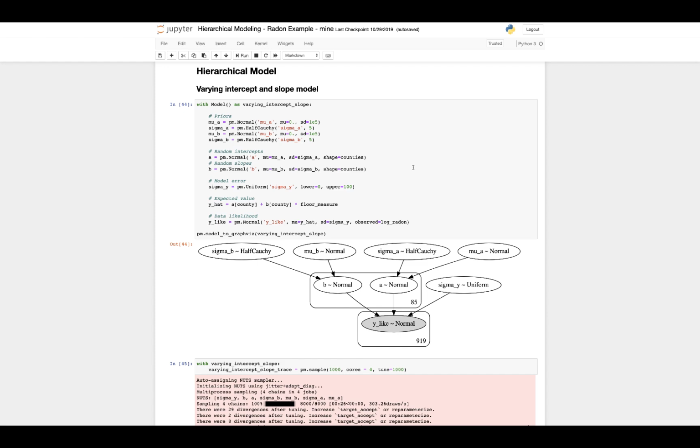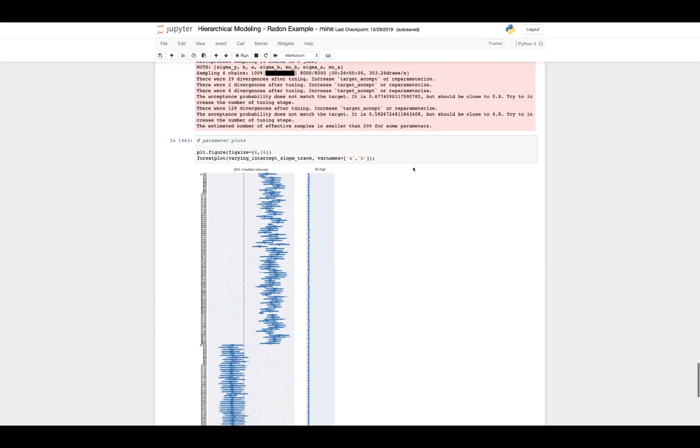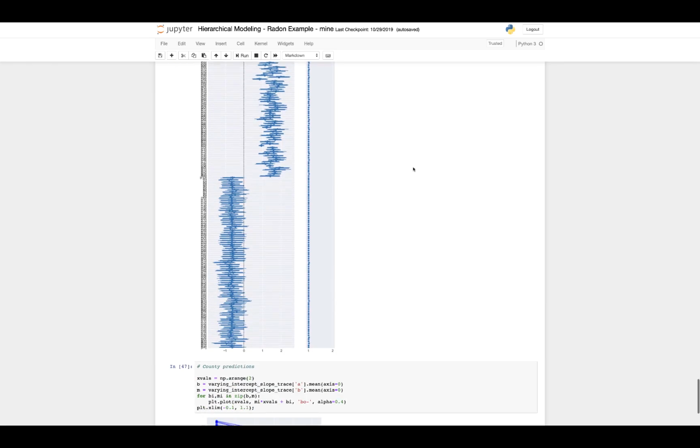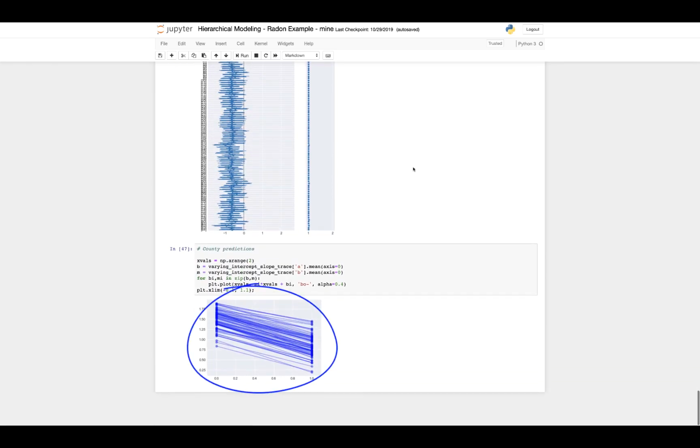We have a uniform representing the prior distribution for the variance of the model, and the results we now get are for both betas. We have credible intervals for both betas, which are shown here. But most importantly, we have the results shown in the last cell of this Jupyter Notebook. And now you see that we get to the advantage of the hierarchical model.